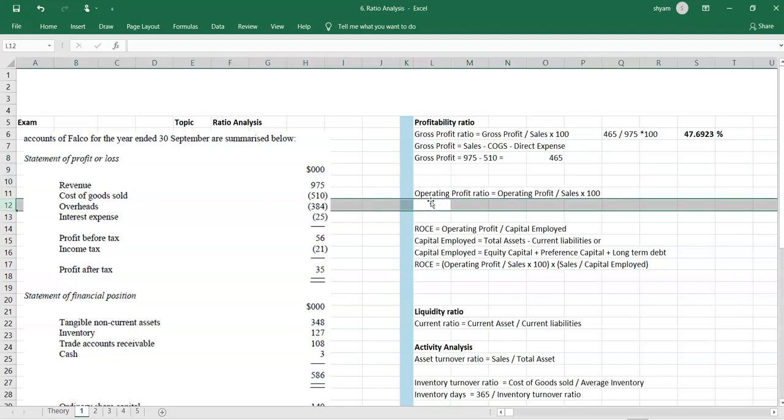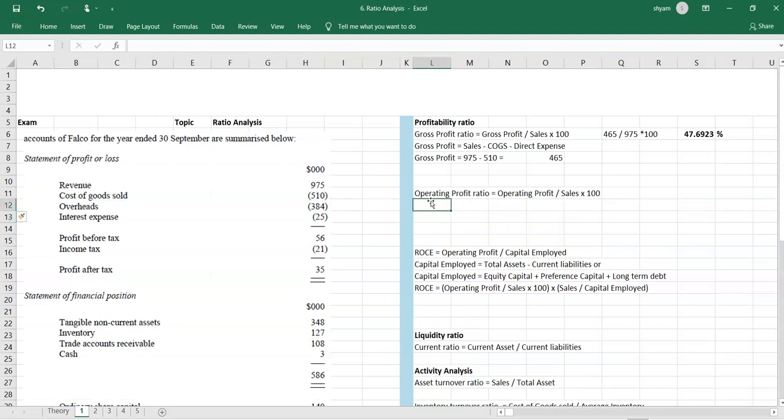So next we'll move on to operating profit. So operating profit is not directly available. So what we could do is we can take the gross profit. From that we can deduct the indirect expenses. If we deduct, we will get the operating profit. So we'll find out that.